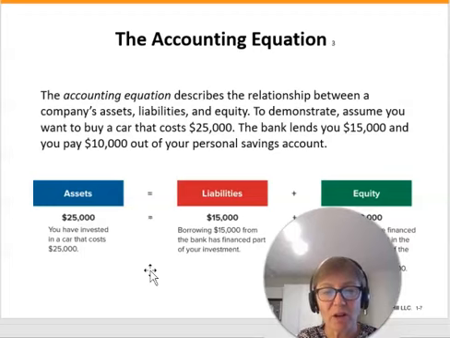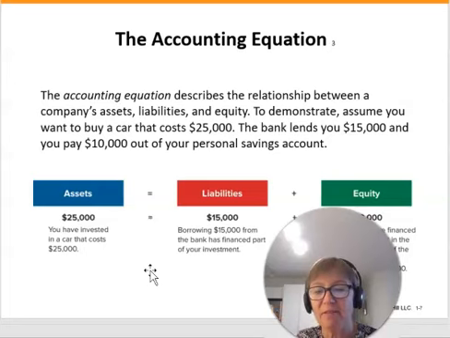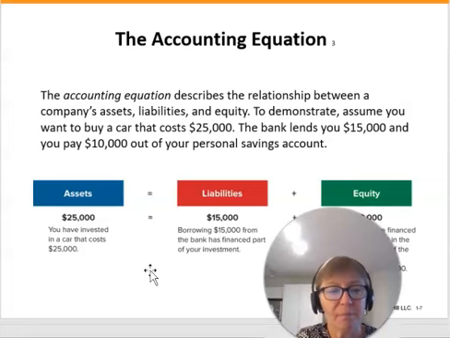So if we got this car, how did we finance it? Okay, 15,000 of it came from a bank loan, and 10,000 of it we took our own money that we had in our personal bank account and invested it in the company. Okay, so now all of a sudden our assets equal our liabilities plus our equity.